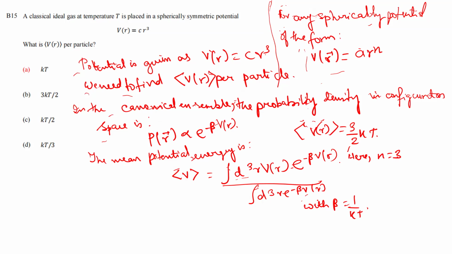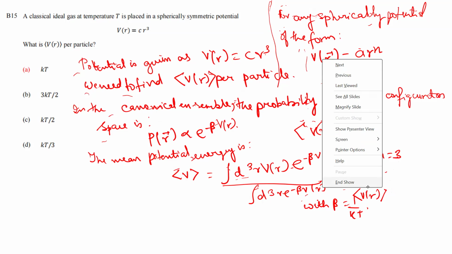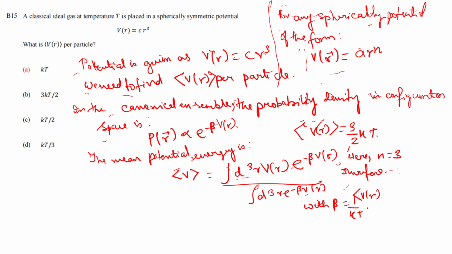Therefore, we can write the mean of V(r) equal to 3 by 3 kT, or 3 by 2, no? This will be 3 by n kT.